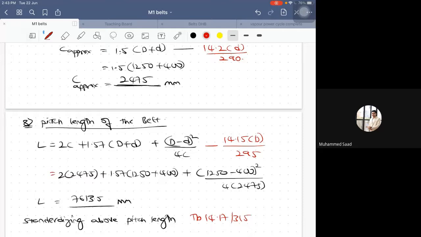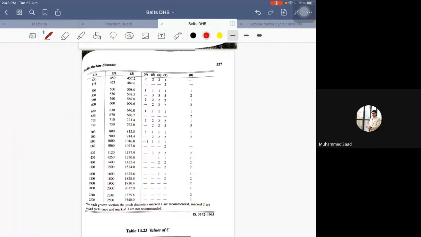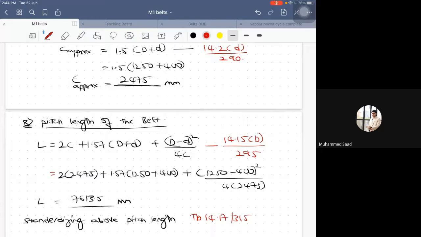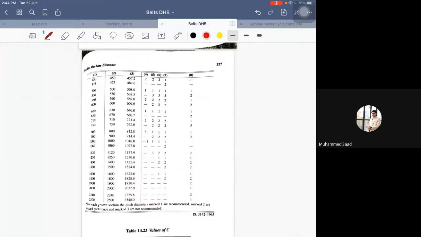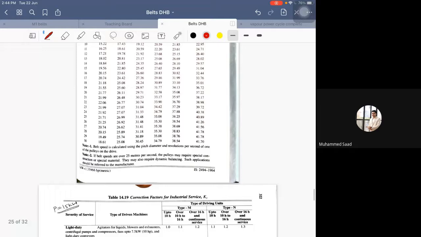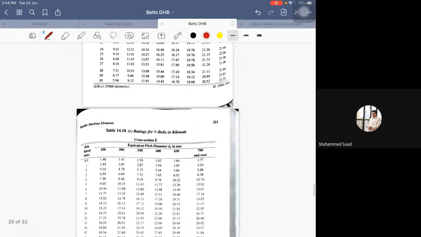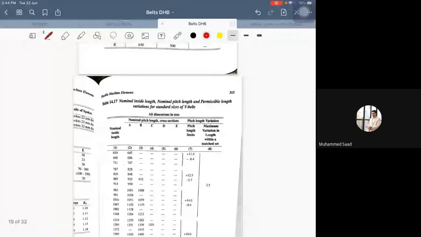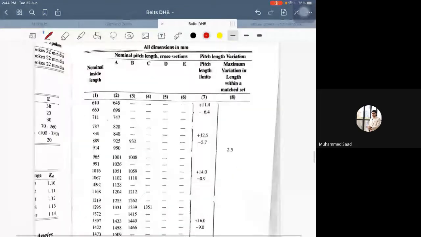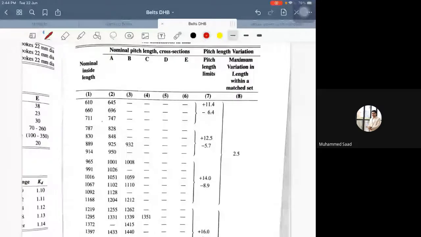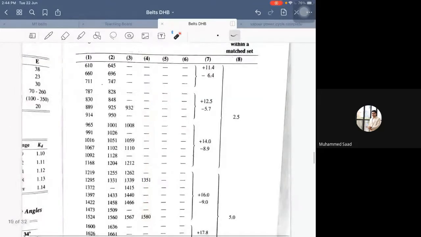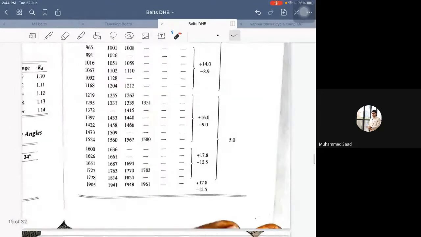Let us have a look at what it contains. Page number 315. Okay. We have selected the belt section as C. So you have to look here, column number 4.